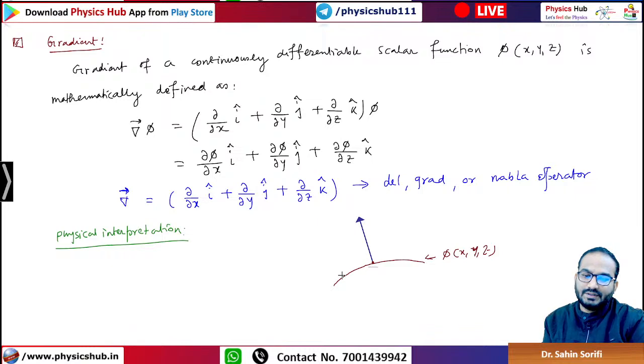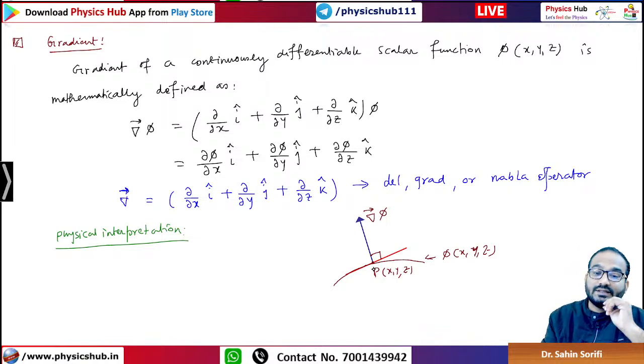At this point, if you draw a tangent like this, this gives you the direction of grad phi, and grad phi is evaluated at this particular point. It basically represents the change along the normal direction.